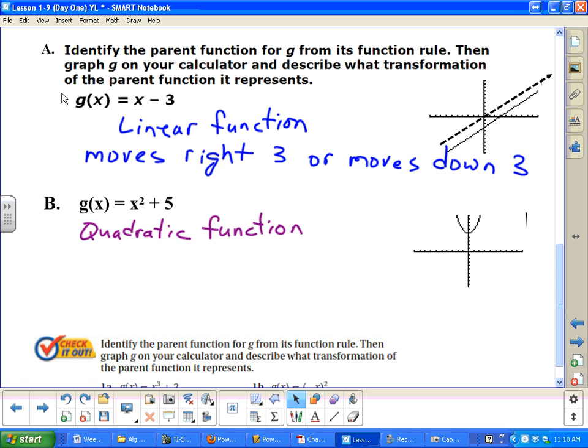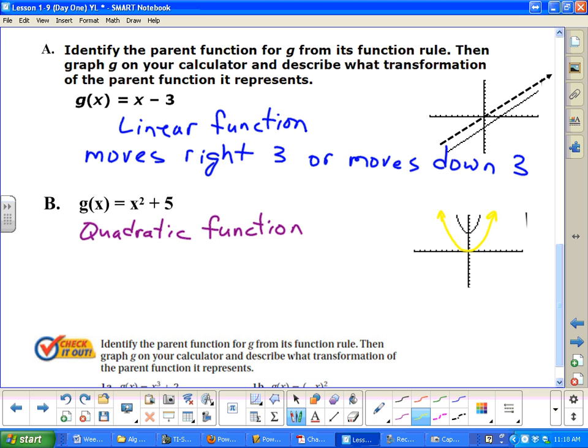Oh, there's the graph of x squared plus 5. The graph of the parent function looks like this. What's the difference? Nathan, what happened? It got wider? I don't think it got any wider.